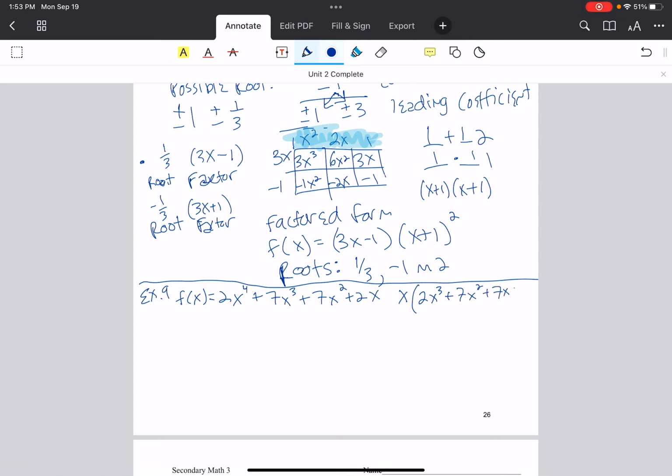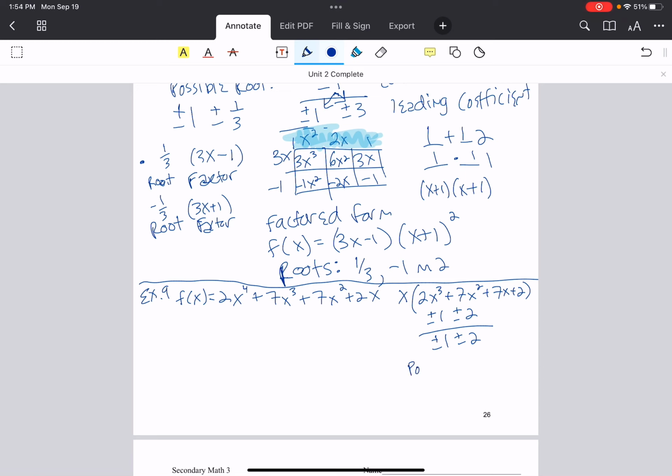Now I have a constant and a leading coefficient, right? So the factors of my constant are 1 and 2. And then the factors of my leading coefficient are 1 and 2.